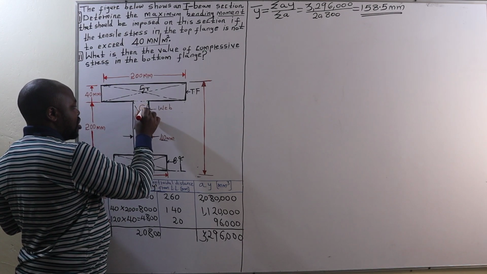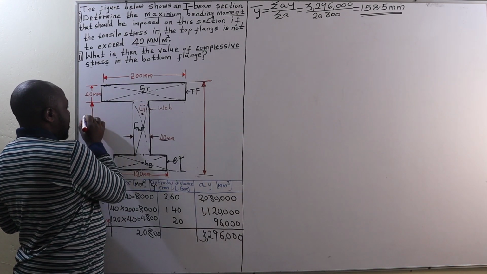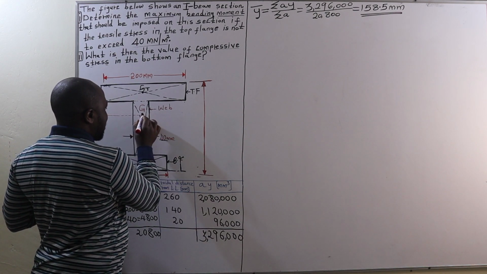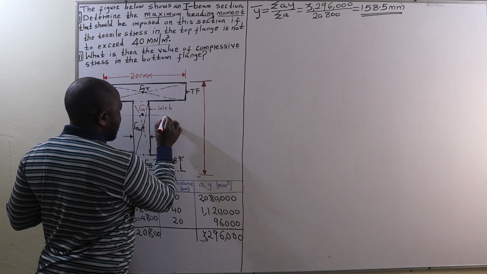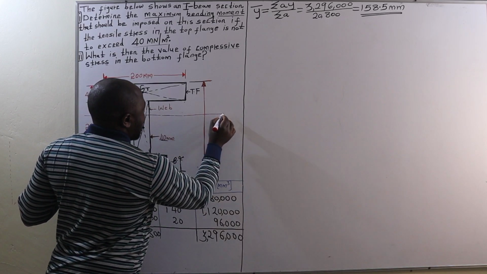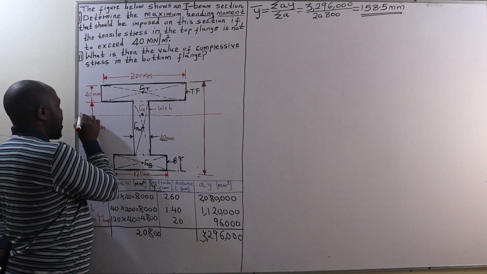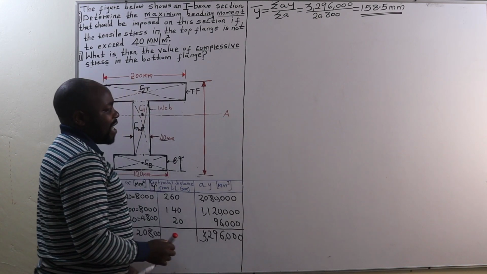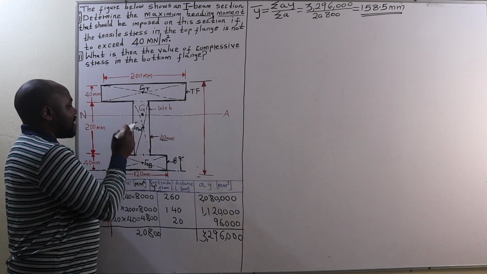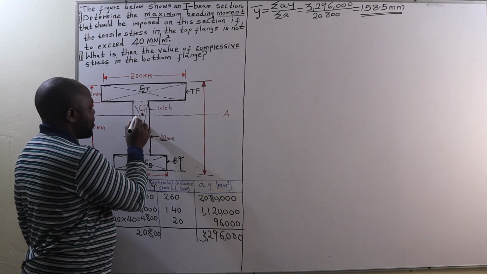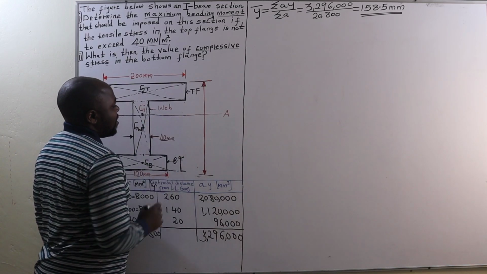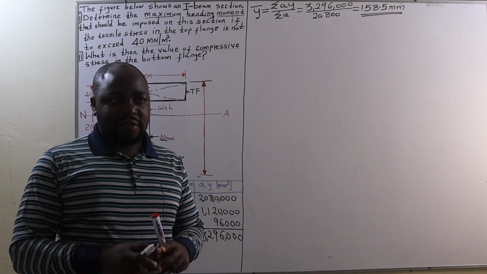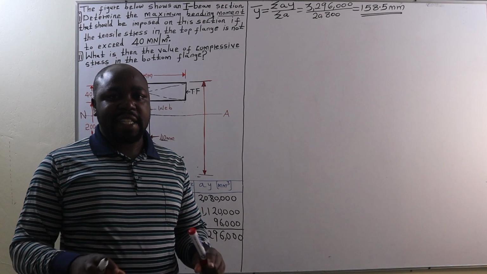So that is G. At the center of gravity of this I-beam section is where the neutral axis passes. That means that at this layer, the beam is not subjected to any form of stress. That's why we call it the neutral axis.